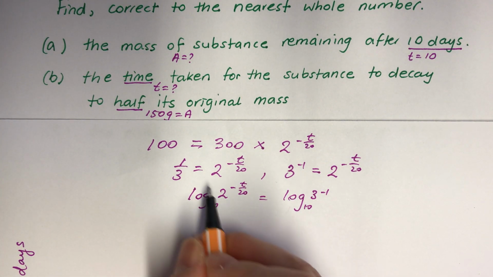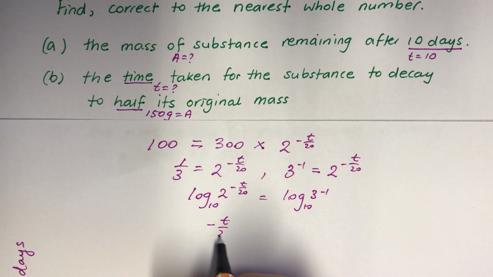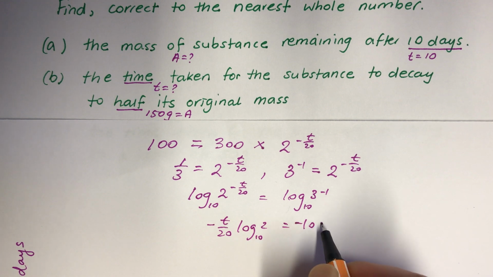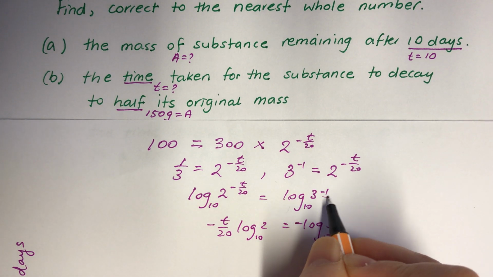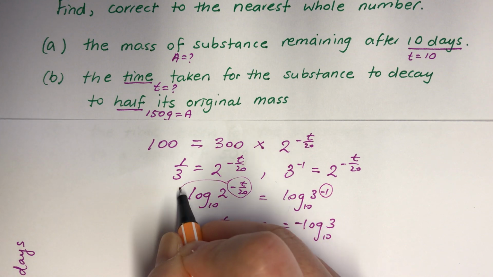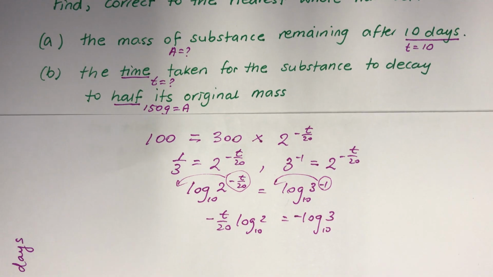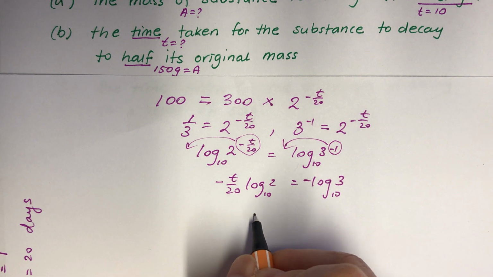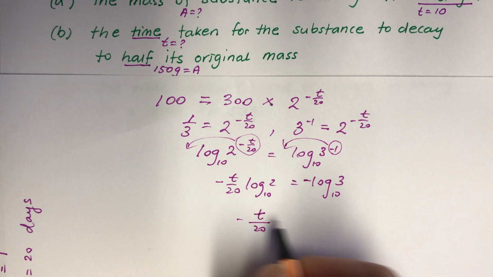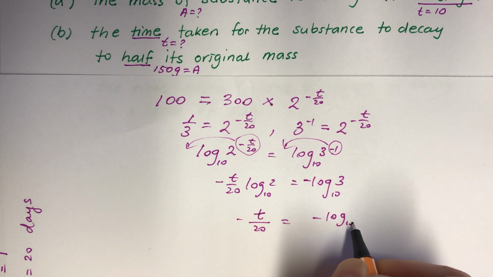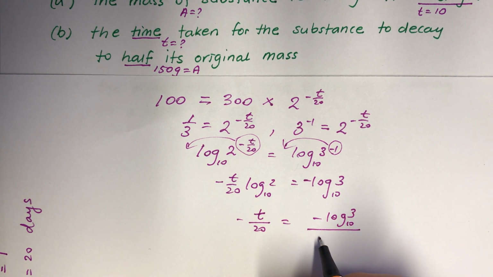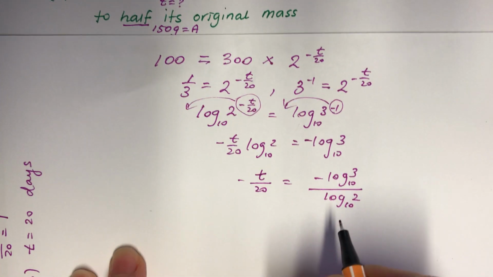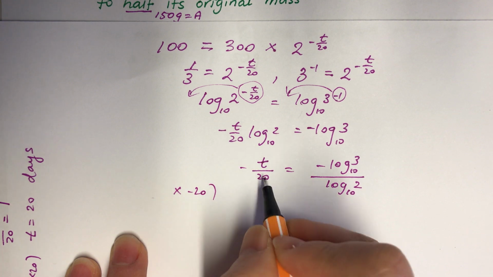And then I move this power to the front, and then divide by log base 10 of 2, and obviously times by minus 20 on both sides.